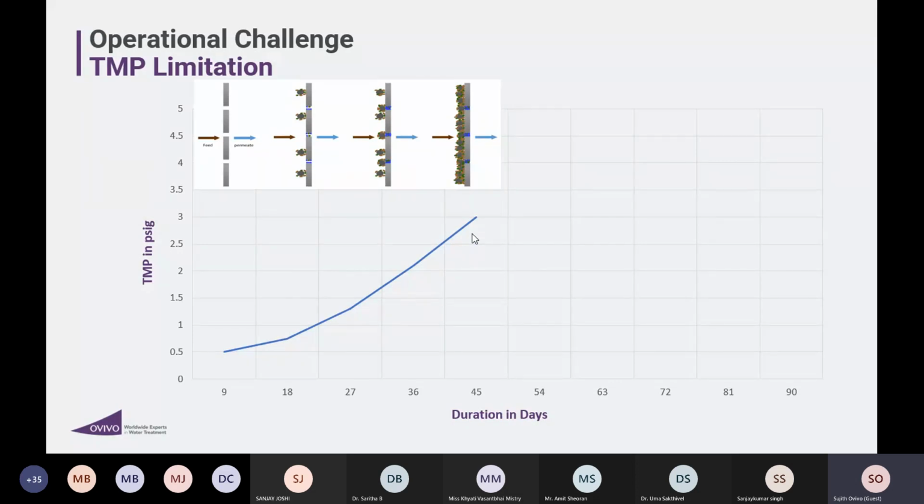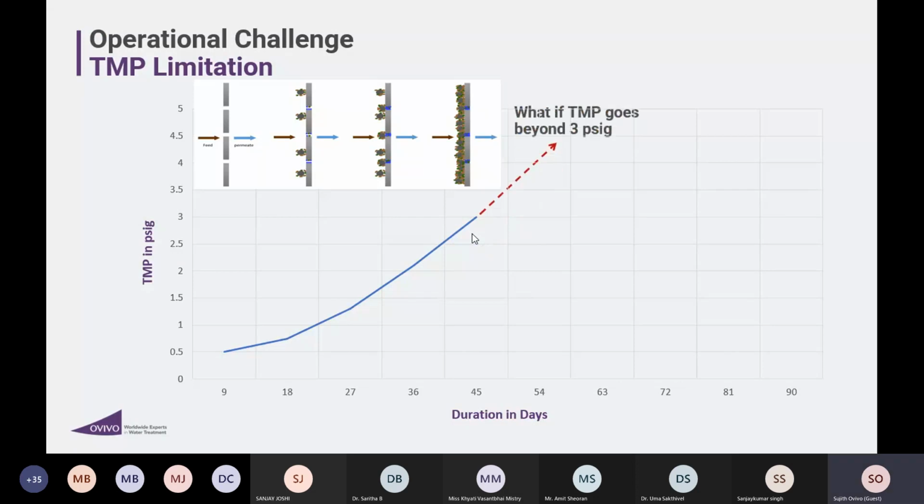So by the time it reaches this complete clog condition, it will be somewhere around 45 days, right? From 0 to 45 days. Within 45 days, your membrane is getting clogged, or you increase the TMP, because the TMP limit for any polymeric membrane is 3 psi. So the moment it reaches 3 psi, you have to go for a cleaning.